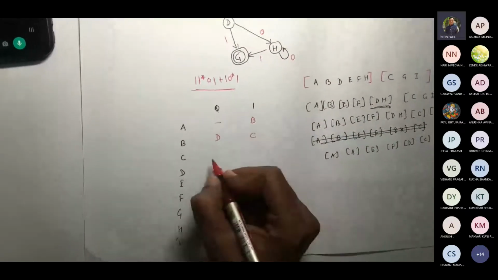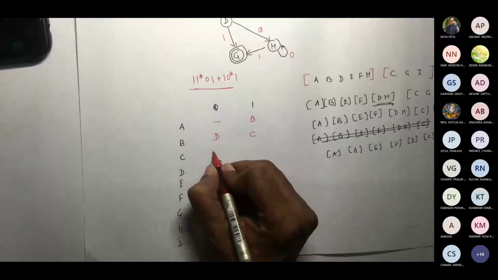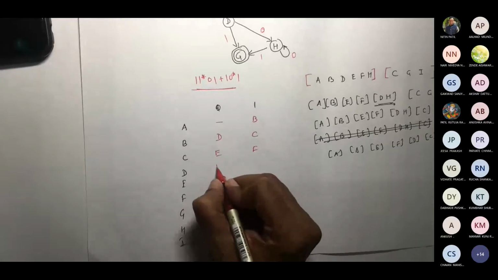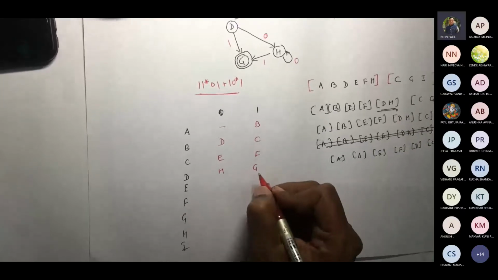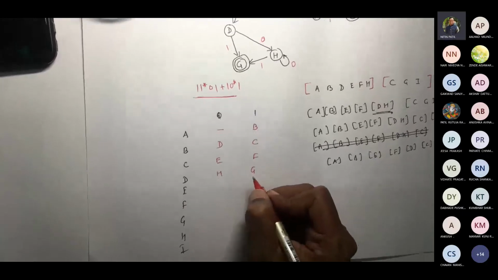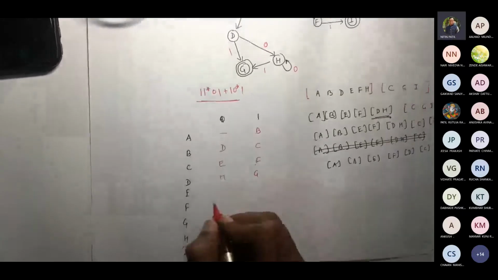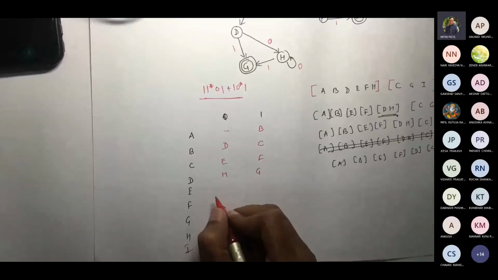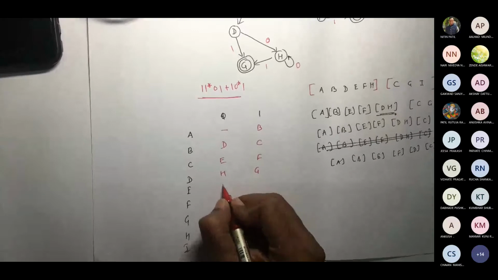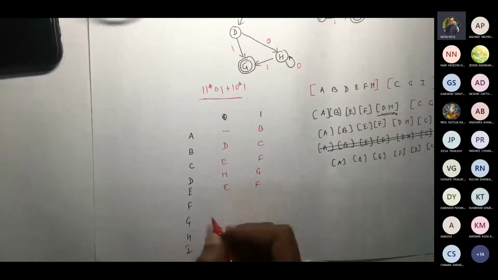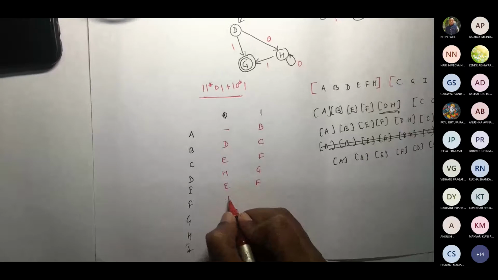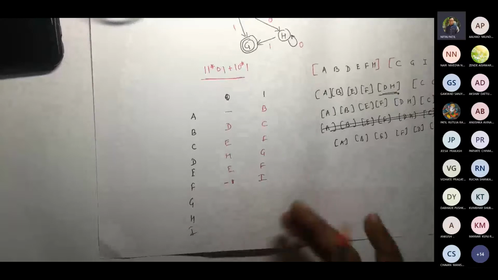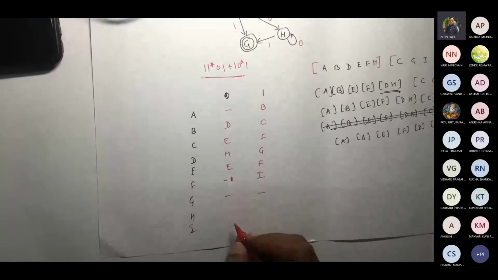Okay. For C, E, F. For D, H, G. For H, G, correct? For E, E, F. For F, dash, I. For G, for H, for I, correct?